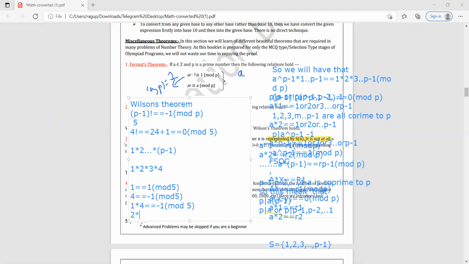Now if you notice that 2 into 3 is congruent to 1 mod 5, we get that 1 into 2 into 3 into 4 is congruent to minus 1 mod 5. So the basic idea is that 1 into p minus 1 is congruent to minus 1 mod p.